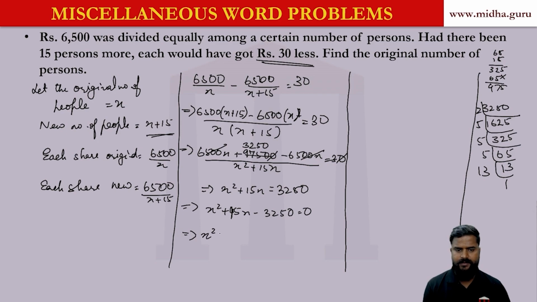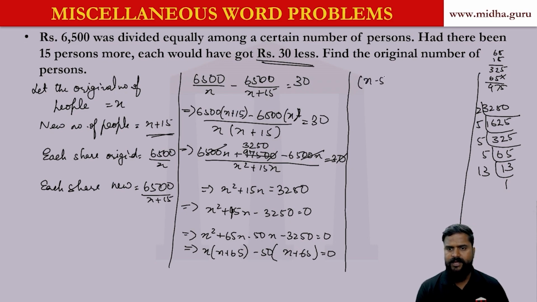So we'll write x squared plus 65x minus 50x minus 3250 is equal to 0. Here I take x common, I get x plus 65, and here I take minus 50 common, I get x plus 65. So x minus 50 into x plus 65 is equal to 0. So x is either equal to 50 or x is equal to minus 65.